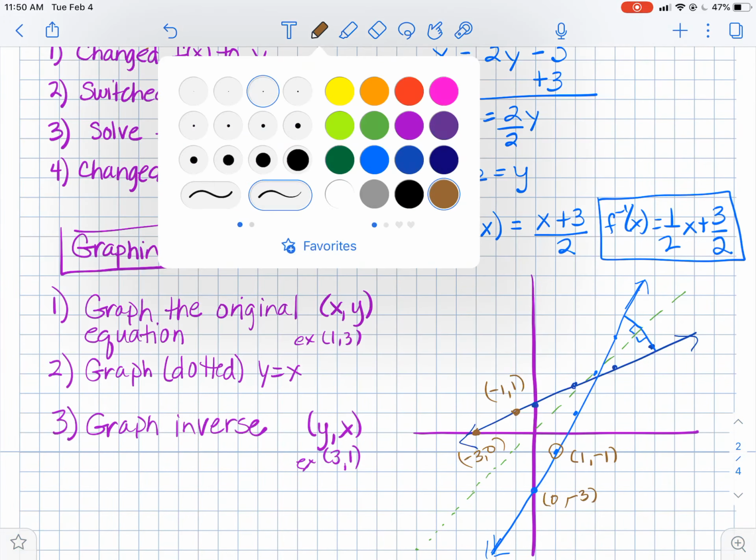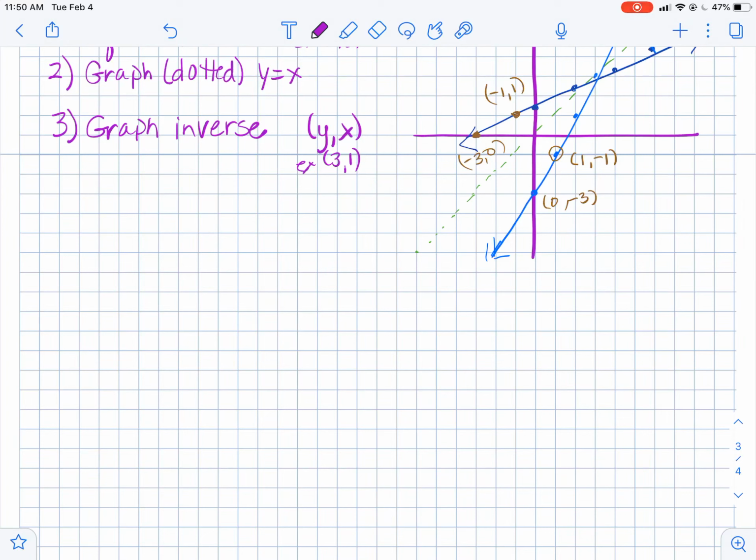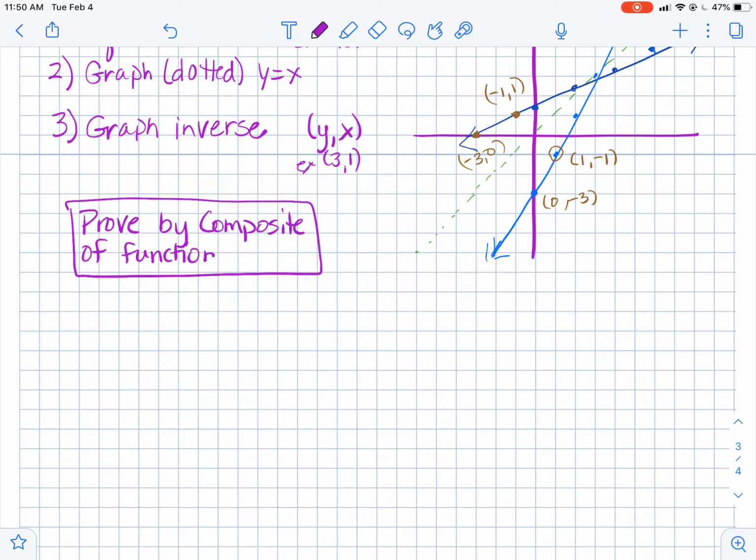The third thing that we did is we can also prove by composite of functions. Composite means we substitute one equation into the other. The composite symbol, again, is that little bitty o.